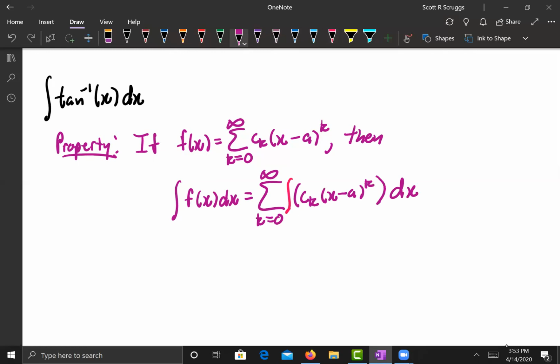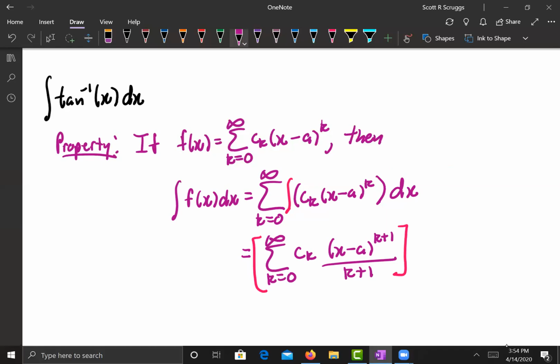And the reason why it's nice to integrate term by term is because I'm going to have a lot of polynomials kicking in, which means I could do my reverse of the power rule. So it'll be c to the k, x minus a to the k plus 1 over k plus 1. And one thing that's confusing that I don't like in your calculus textbook, it doesn't have the brackets to denote that that c is not inside the series.